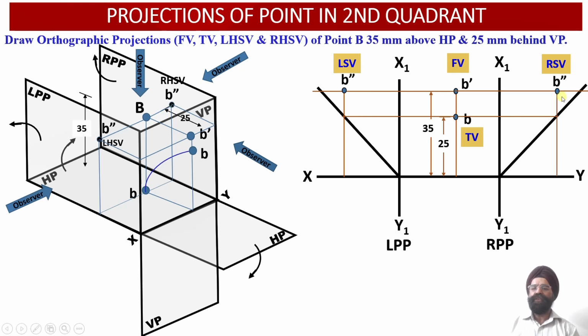So this way we have been able to obtain front view orthographic projections, the top view orthographic projections, the left hand side view orthographic projections, and the right hand side view orthographic projections of a point B which happens to lie into the second quadrant over here.